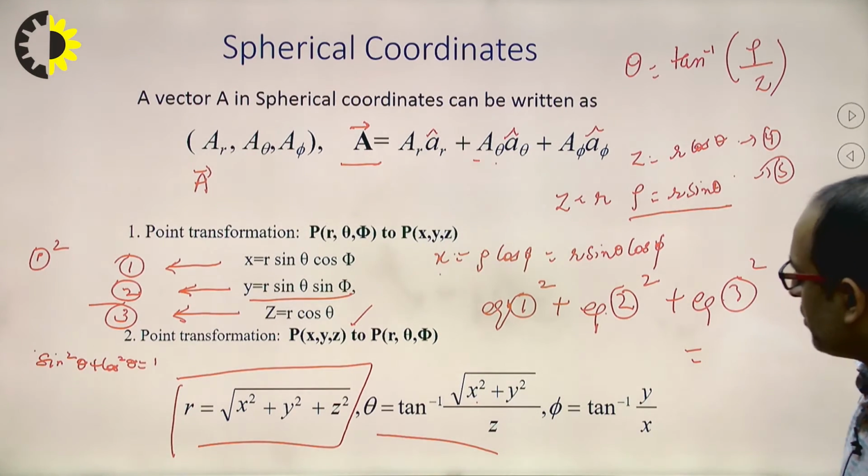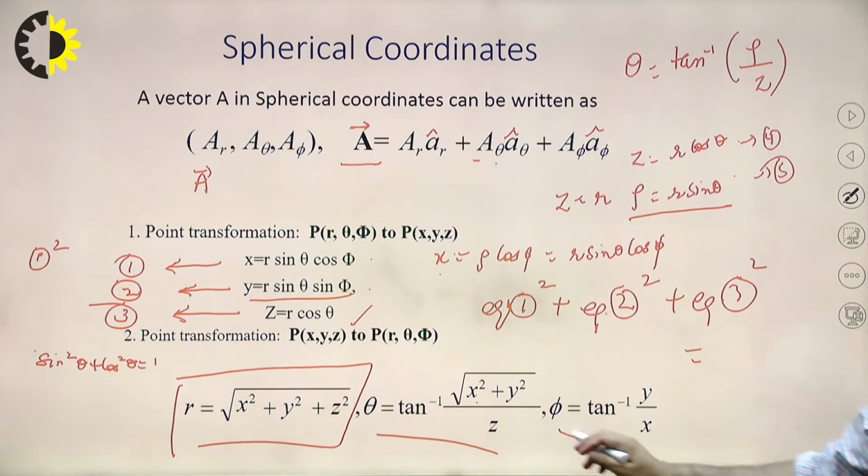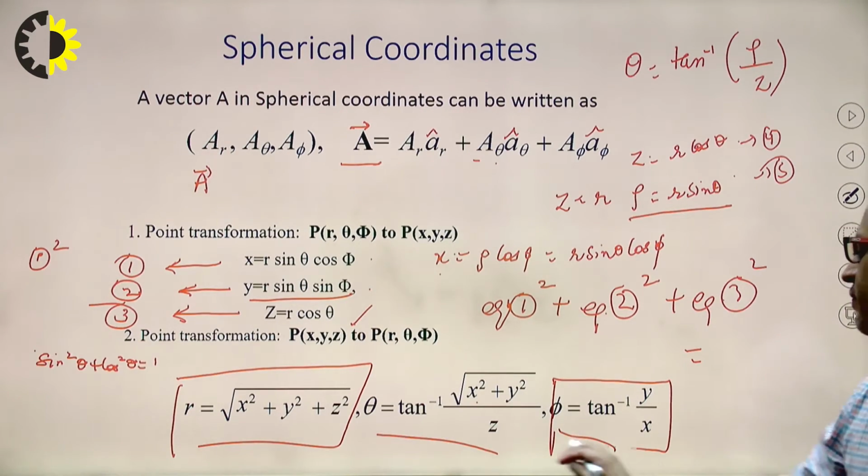Clear? And similarly, dividing these two equations, phi will be equal to tan inverse of y by x. Clear?